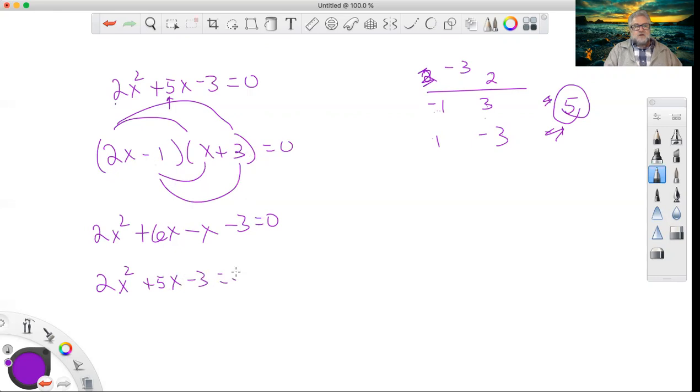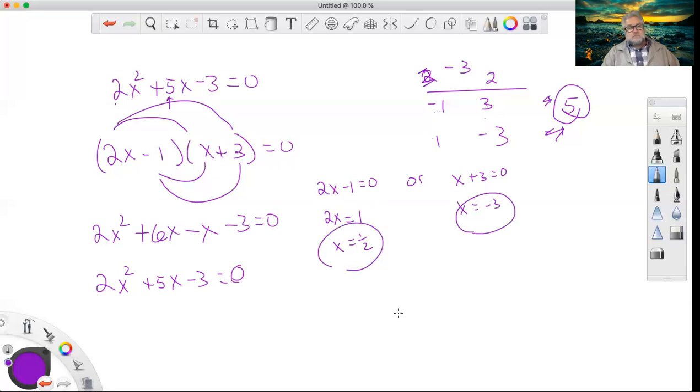I am awesome. Okay, so this works. Now I have to write a solution though. So the options are either 2x minus 1 equals 0 or x plus 3 equals 0. If I solve this for x, 2x equals 1, x equals 1/2, or x equals minus 3. These are our two solutions.